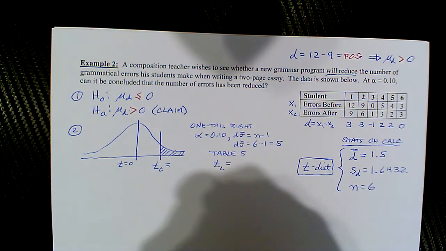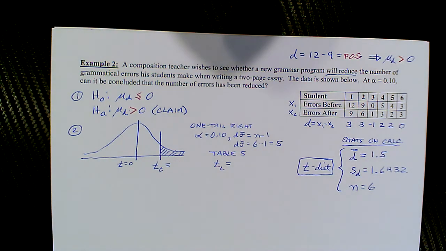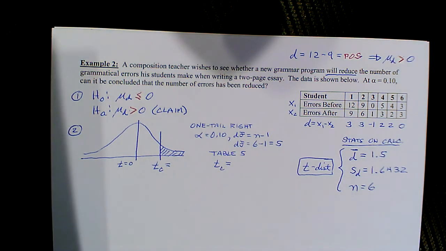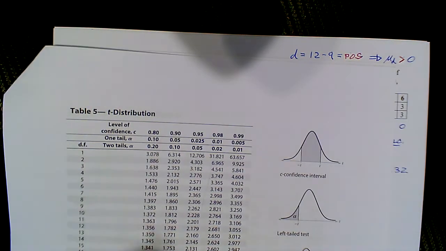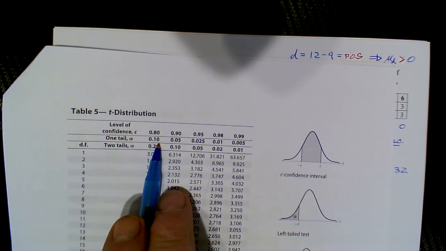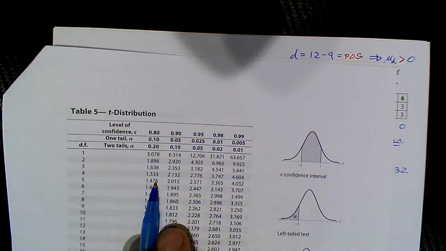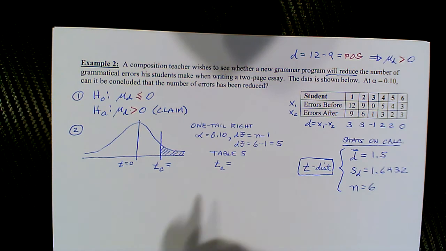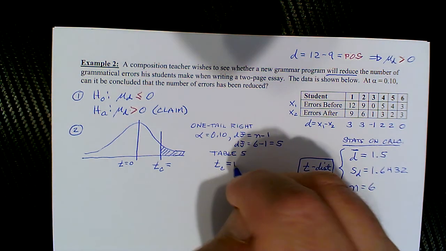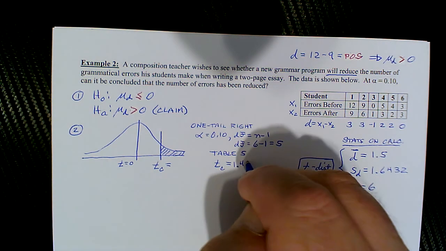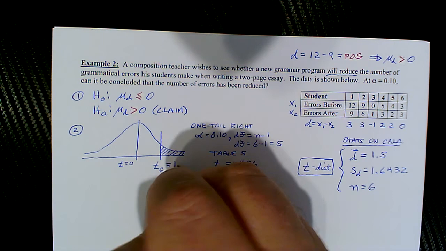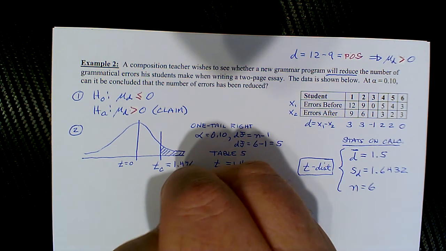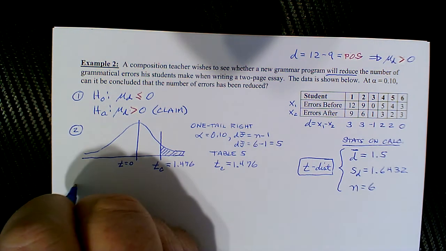Let me remind you of this. Let's see, we've got alpha of 0.1 with a one-tailed test. So one-tailed 0.1 is the first column. Degrees of freedom of 5 looks like 1.476. Okay, so if you want to fill that in on the diagram, then our standardized test statistic.